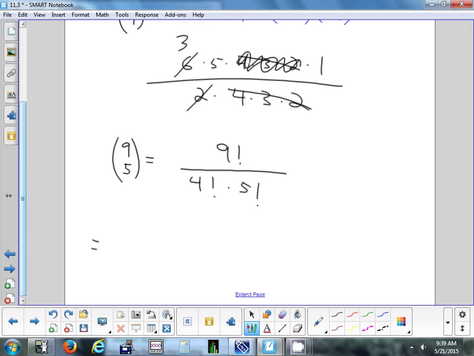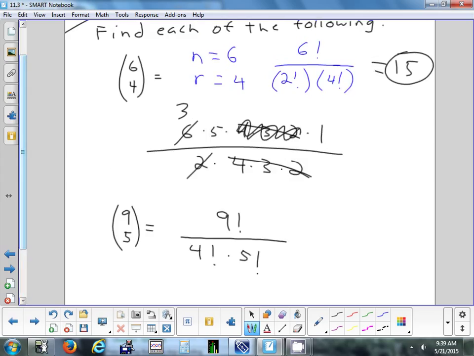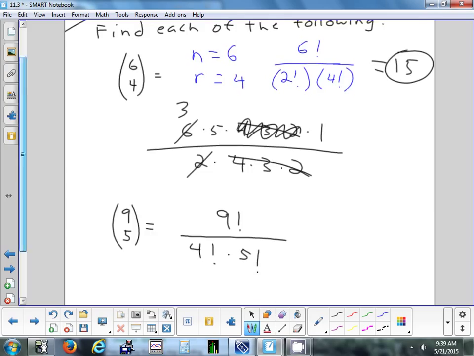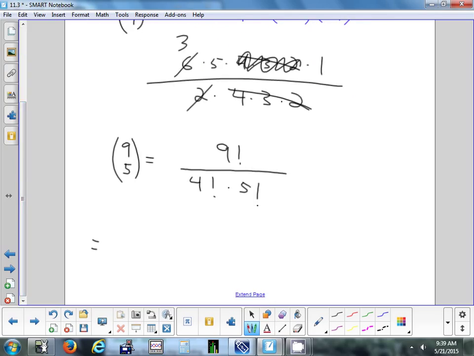Now, after a while, you don't even need to write this out the long way. You can kind of figure out what's going to cancel in your head. Like, I know if I have a 9 factorial and a 5 factorial, everything from 5 down is gone. I can do that right away. So I have 9 times 8 times 7 times 6. I don't need to write 5, 4, 3, 2. That's going to cancel with the 5, 4, 3, 2 right here.